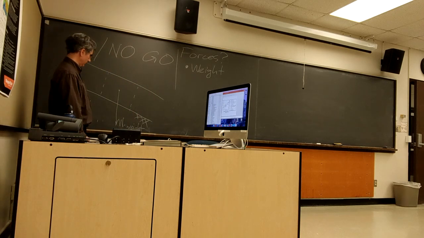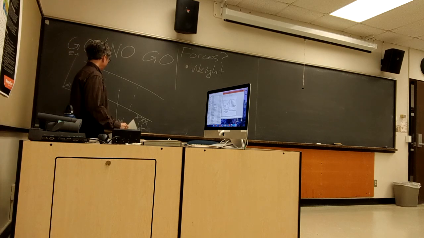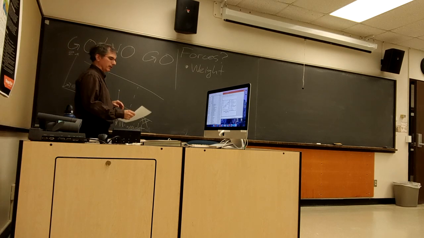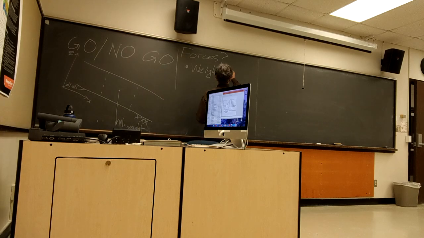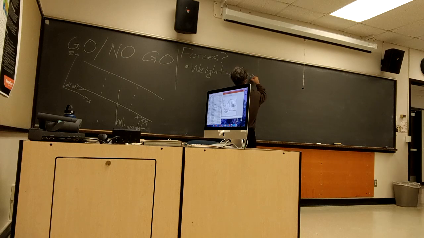Anybody actually see that? All right. So we've got the weight. It points towards the center of the Earth in general, and it's equal to the mass times the acceleration due to gravity.